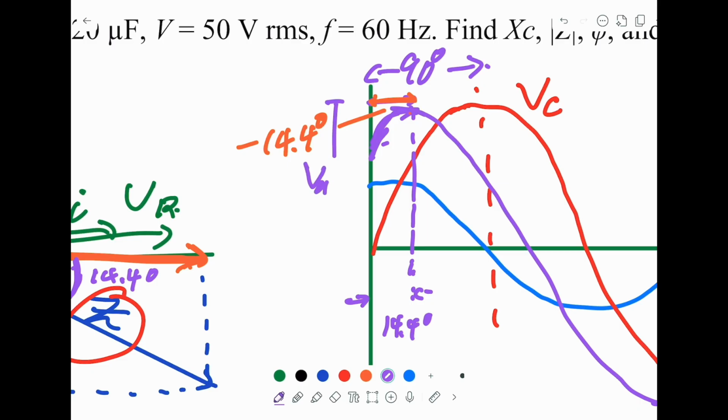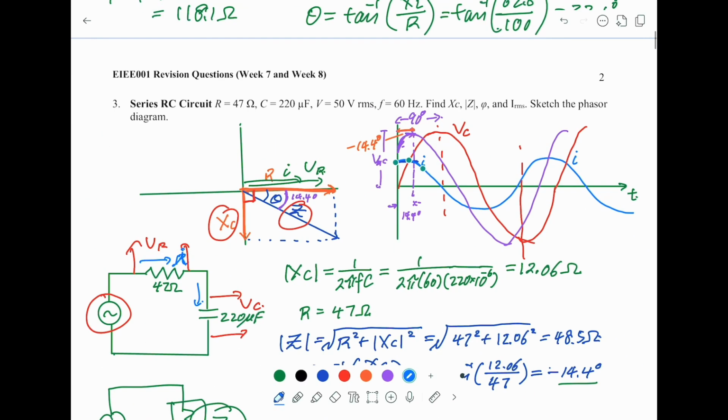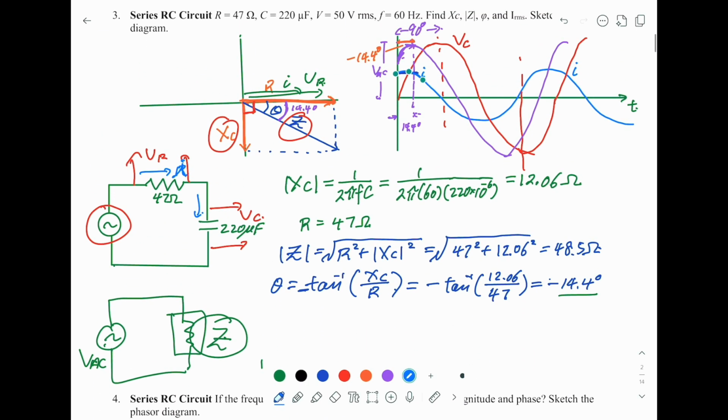this is VAC, will be proportional to the current, the blue one here. This is the current, which follows the voltage across the resistor. So this VAC, or this time we use root mean square, is proportional to the current, but the current is not in phase.